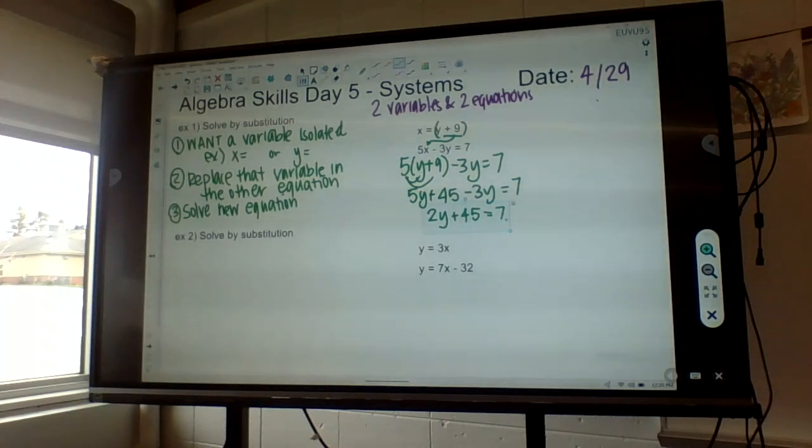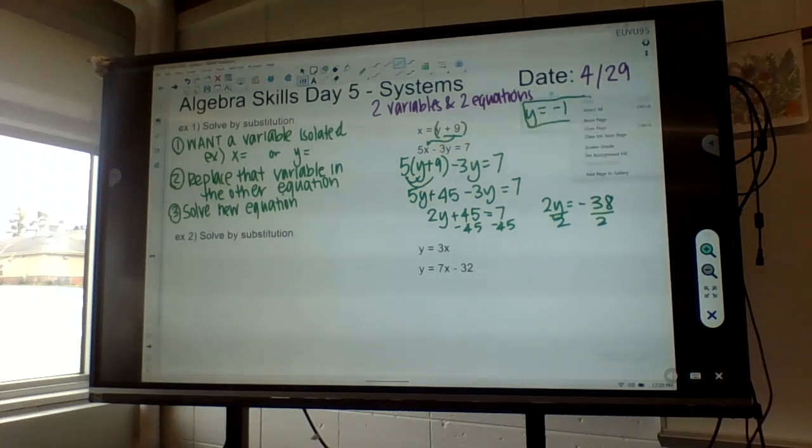And so then I'm going to move that 45 over. So I'm going to get 2y equals negative 38, I think. And so we're going to find out that y is negative 19, I believe. Yes.